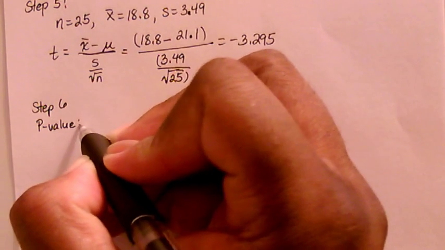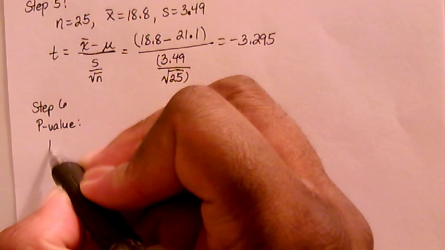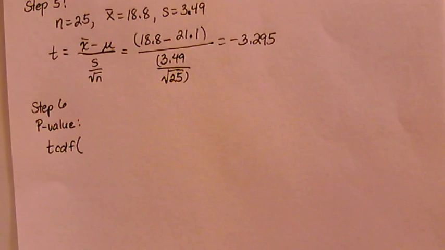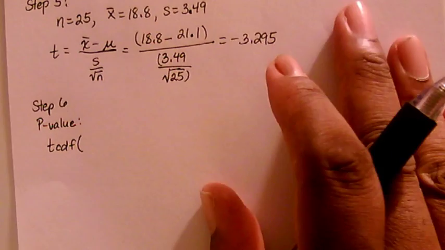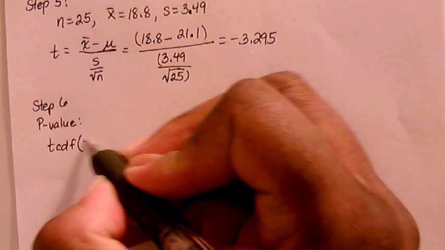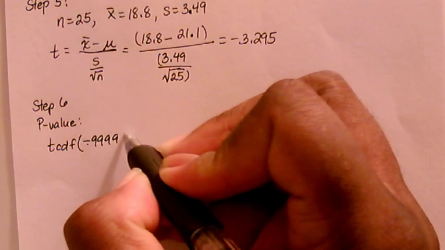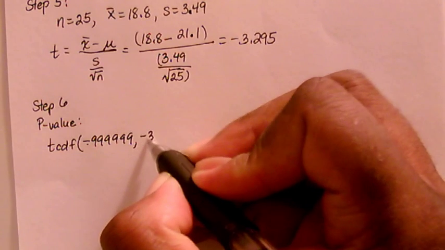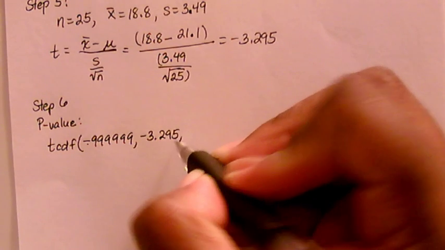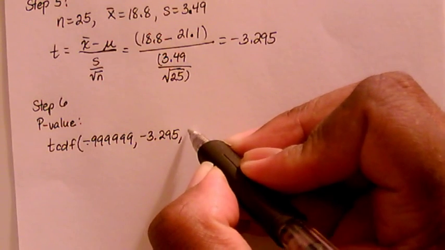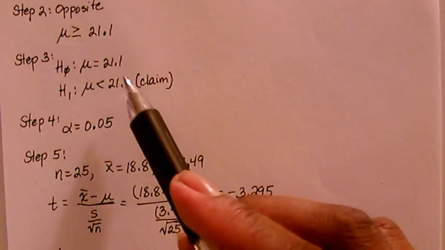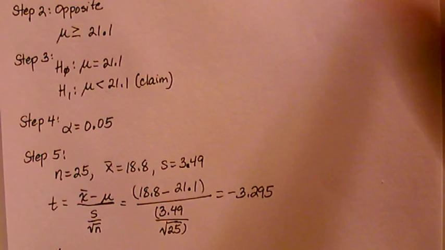Now for the p-value, we use that TCDF command. Now my test statistic is less than 0. It's negative. So the command I'm going to be using is negative 99999, and then negative 3.295, and the degrees of freedom. N is 25, so my degrees of freedom is 24. And by the way, if you look at your alternative hypothesis, it is less than, so that's a left tail test.